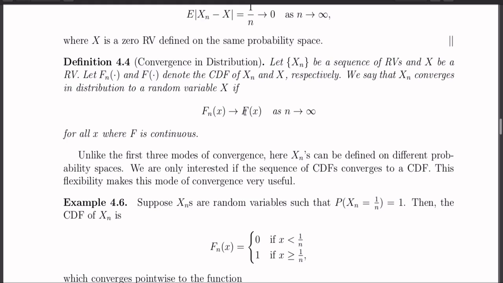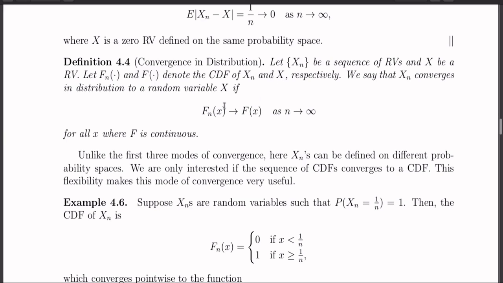This means that if the distribution of Xn converges to X in distribution, then this convergence has to be true for all x in R, if the F function is continuous everywhere. Now this means that if I take n very large, then the distribution function of Xn, for large n, can be approximated by the distribution function of X.